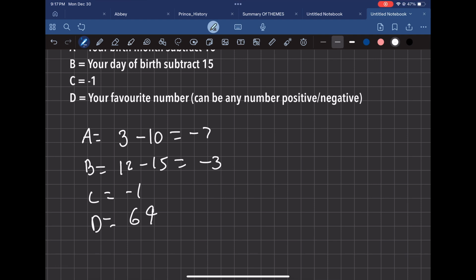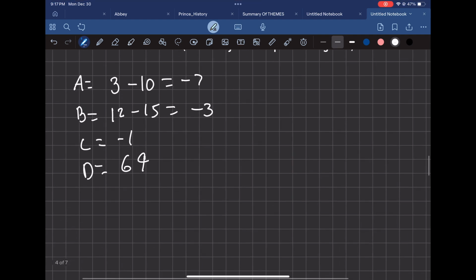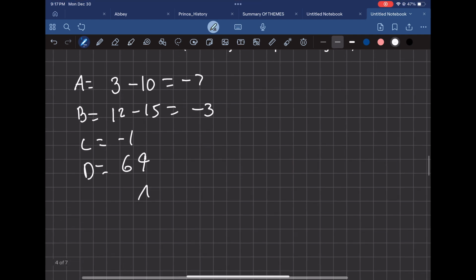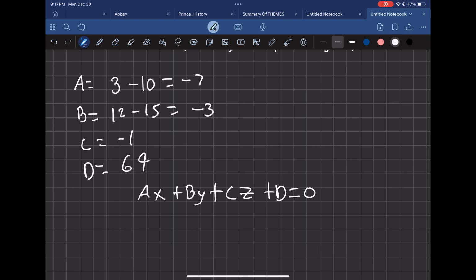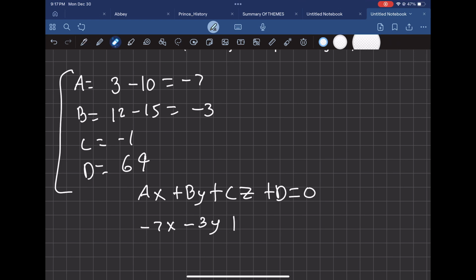Okay, so you might recall that a Cartesian equation is in the format ax plus by plus cz plus d equals 0. And we have all of our variables. Now we just need to plug them in. So a is negative 7x minus 3y minus z plus 69 equals 0.